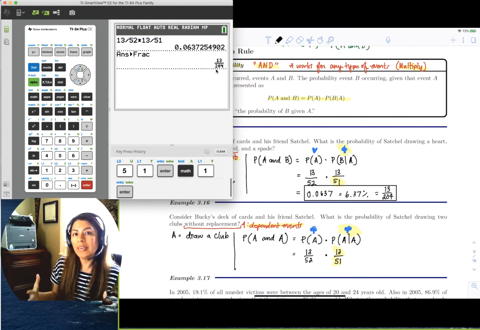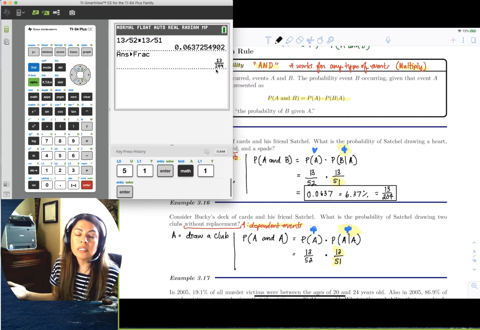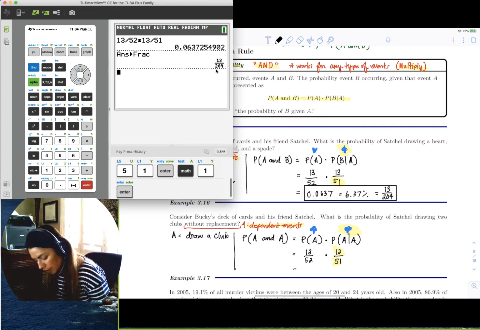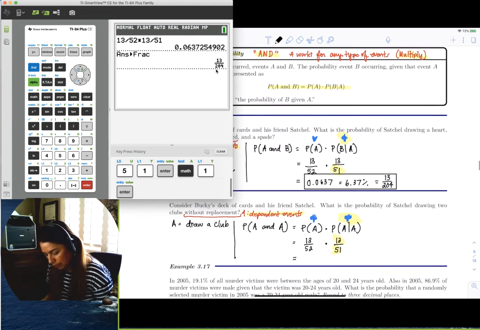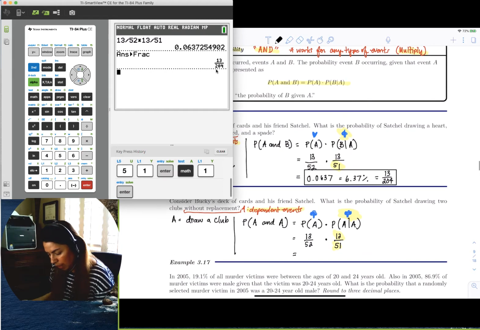All we know when we have dependent events is that the following probability is going to be different, and that's all we know. Every following probability will change depending on the problem itself, the intent of the problem, and so on. And so you can see that the fractions are quite simple, so we can go ahead and put that in our calculator.